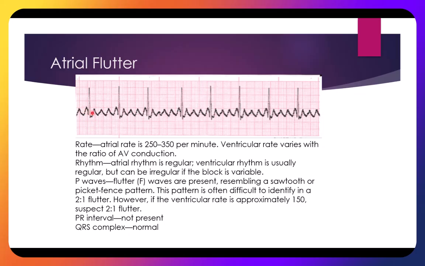So we got 1, 2, 3, 4, 5, through 34. Imagine if your heart rate was 340. Trust me, your heart rate would not be 340, but for just a very few seconds.